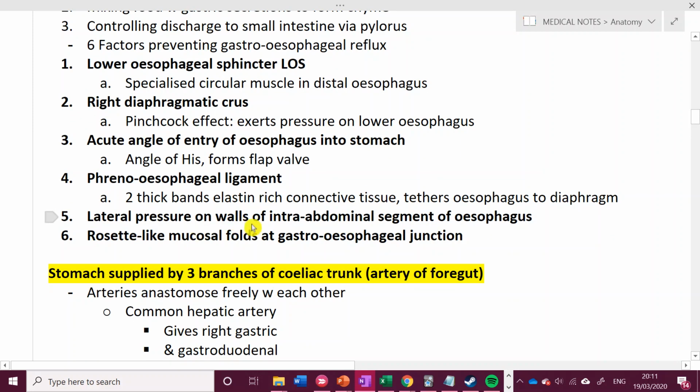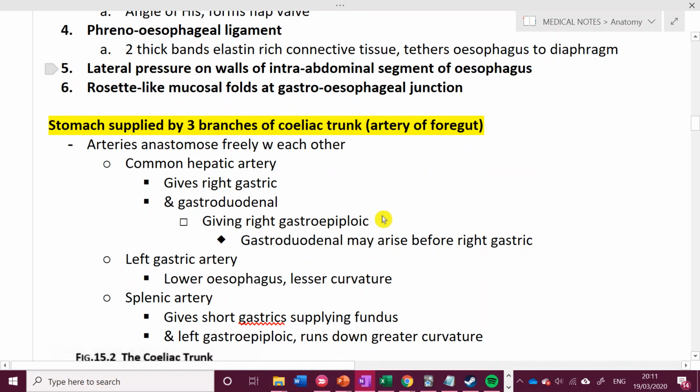The lateral pressure on the walls of the intra-abdominal segment of the esophagus works like the pinchcock effect. So if the stomach expands, then that will increase the pressure and close the sphincter, and then you've got these mucosal folds.